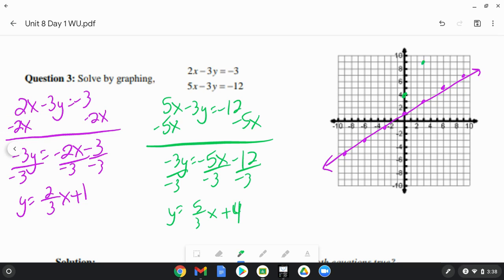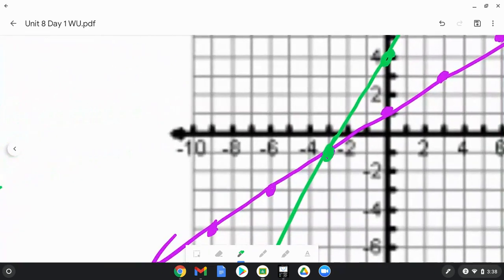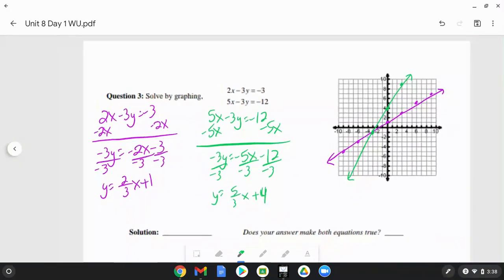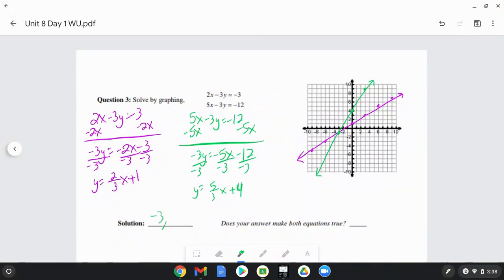And then go down 5 over 3. 1, 2, 3, 4, 5 to the left. Oh, I think I found a place they overlap. So it looks like if you zoomed in, that's at negative 3, negative 1. And if you did this correctly, yeah, it's always a yes, as long as you graph that correctly.